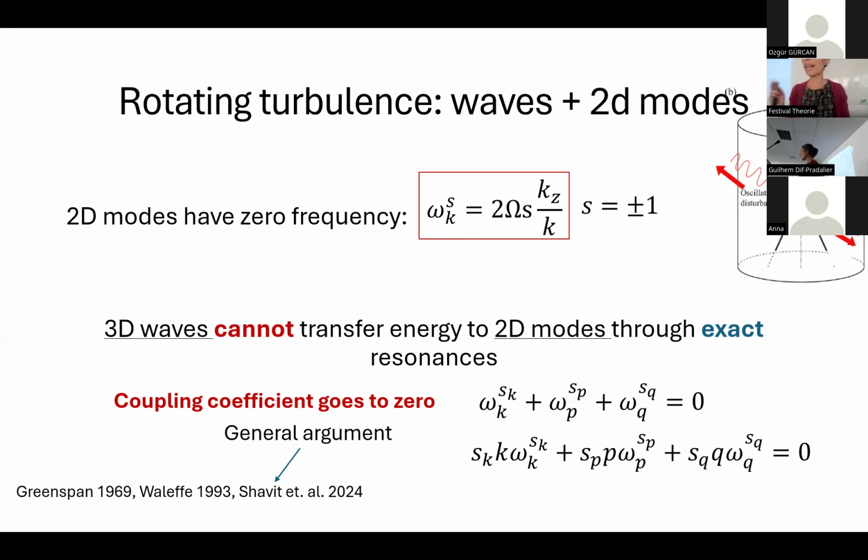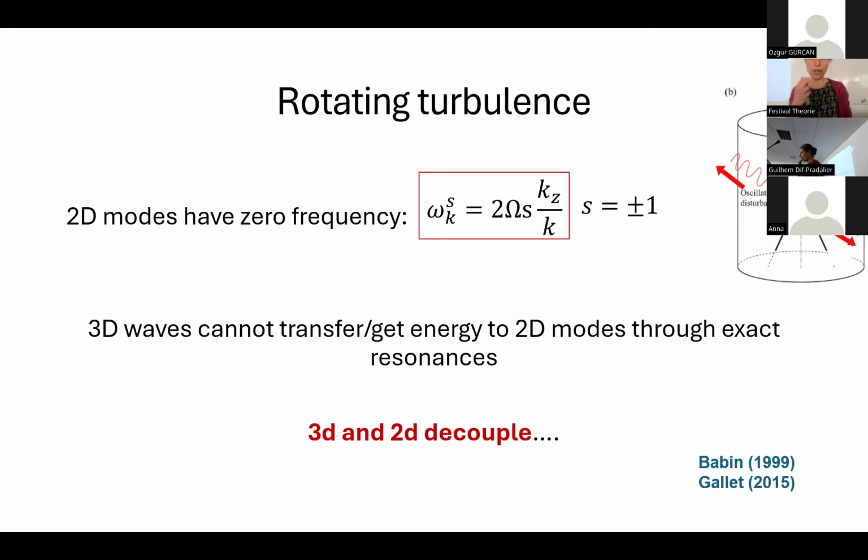So you can use this idea that when you have zero frequency waves, you have certain quantities that constrain the energy transfer. So that means that 3D modes and 2D modes decouple, right? Because you cannot transfer energy between them. Yes.